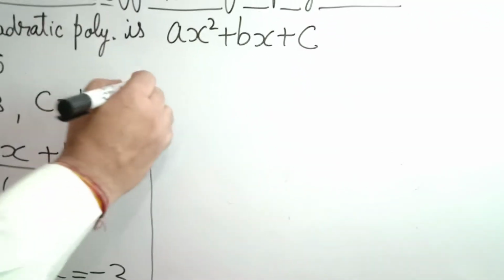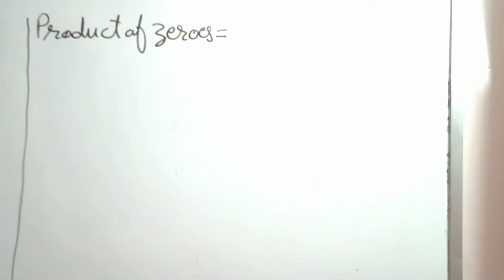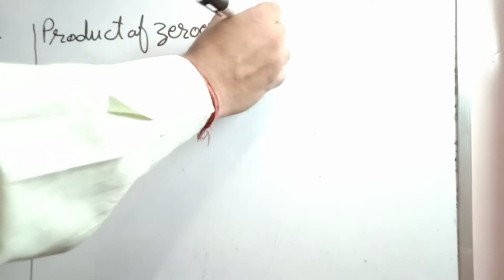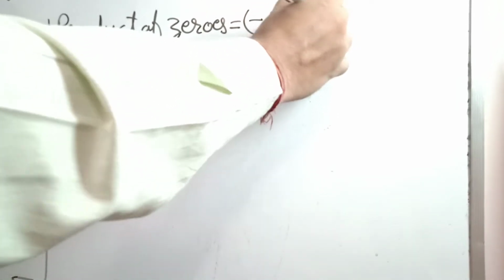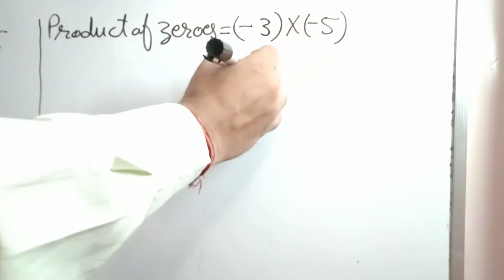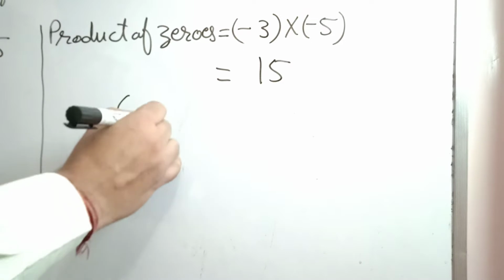Again we find the product of zeros. First zero minus 3, second zero minus 5. Minus 3 multiplied by minus 5: minus times minus is plus, 3 fives are 15. And the formula is c upon a.